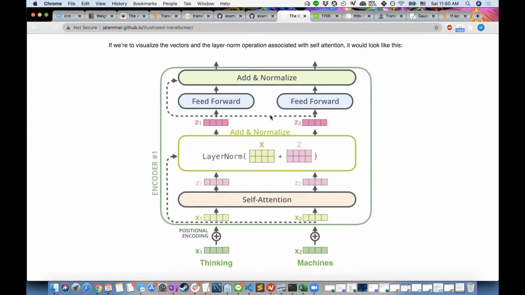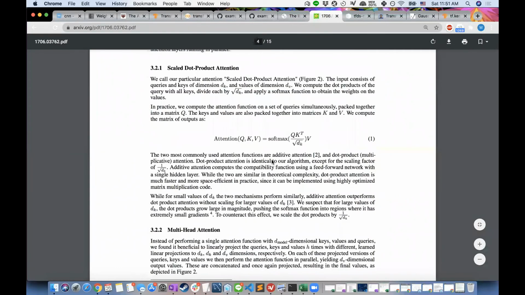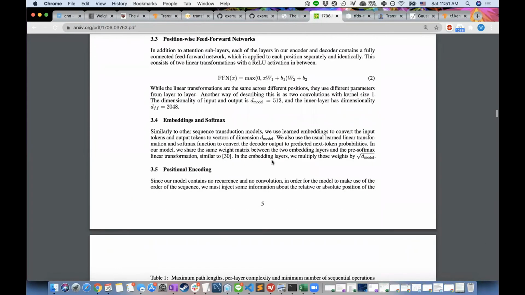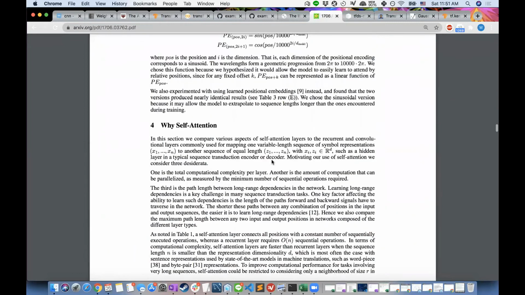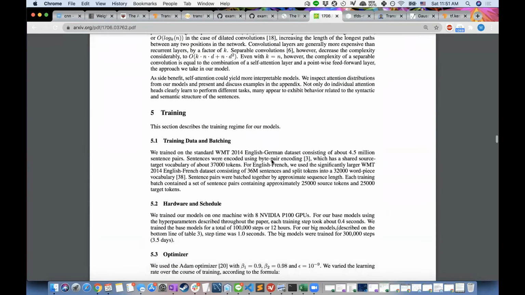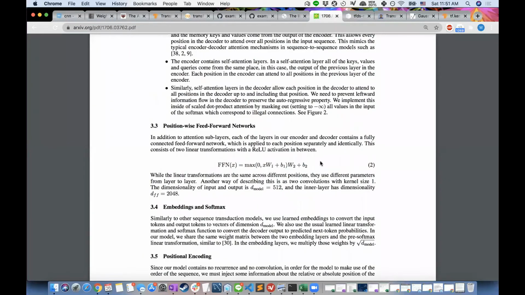So that's the step that we're looking at right now. And in the paper, right here, position-wise feed-forward network. That's what we're implementing right now.